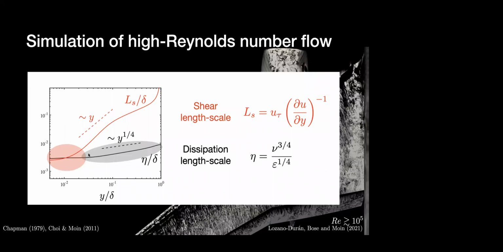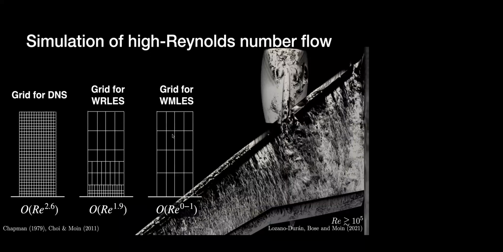Because if we can model this part, we can have a very coarse grid everywhere, and the cost grows at most linearly with Reynolds number. So this would allow simulations like what you see here on the right.